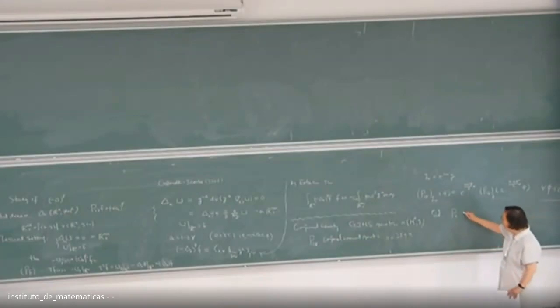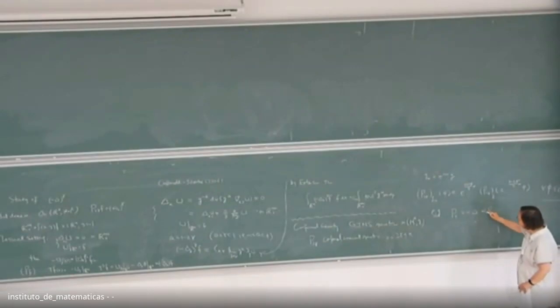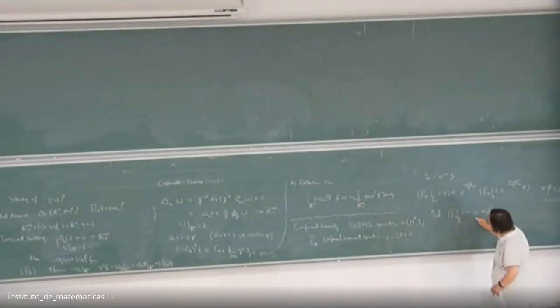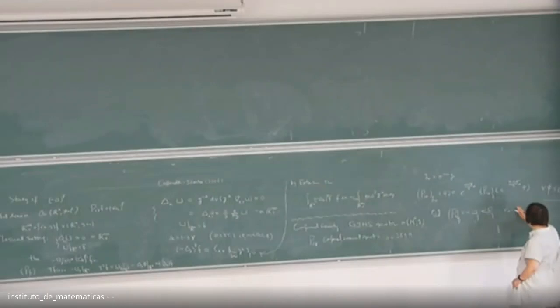P2 is the conformal Laplace operator, so this is minus Laplace plus scalar curvature times a constant. This constant is very specific. Nobody paid attention to it until the work of Yamabe, who studied the corresponding operator. So this is the conformal Laplace operator.